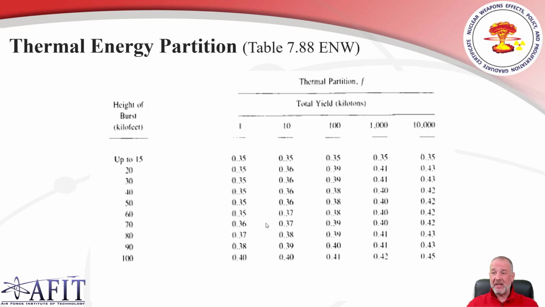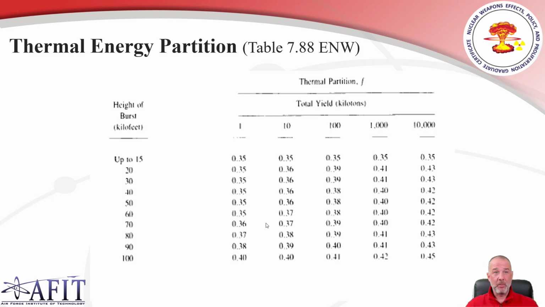If we look at 50,000 feet, for a 1 kiloton, it's still just 35%. At 10 kilotons, though, we start to see that shift more towards thermal and less towards blast. Again, the density of the atmosphere coming into play.